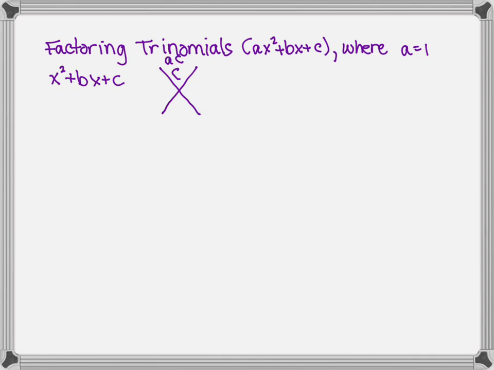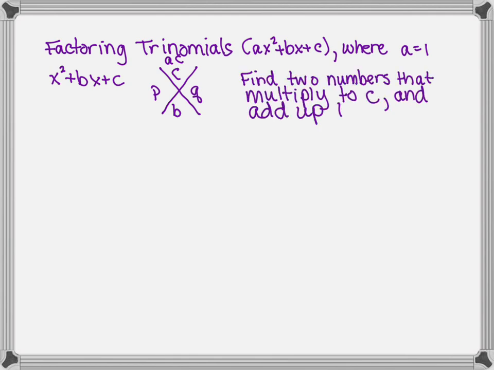It's technically a times c, but here a is 1, so we can write just c. And at the bottom of the x I write b. And we're looking for two numbers that multiply to c and add up to b. And those will be our p and q numbers. And then it will factor to x minus p times x minus q.